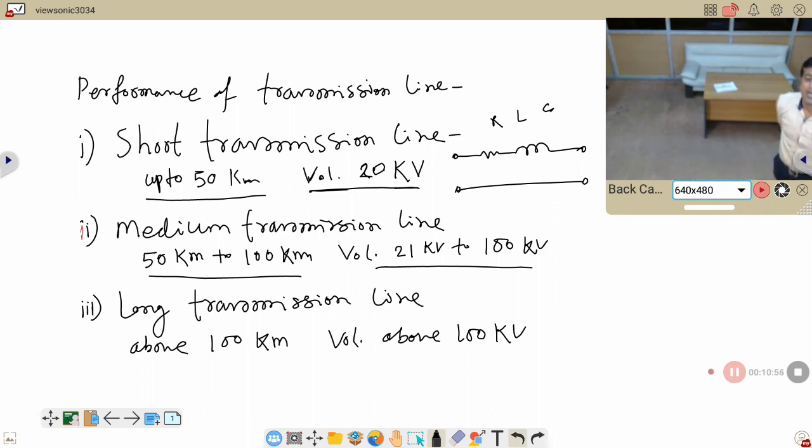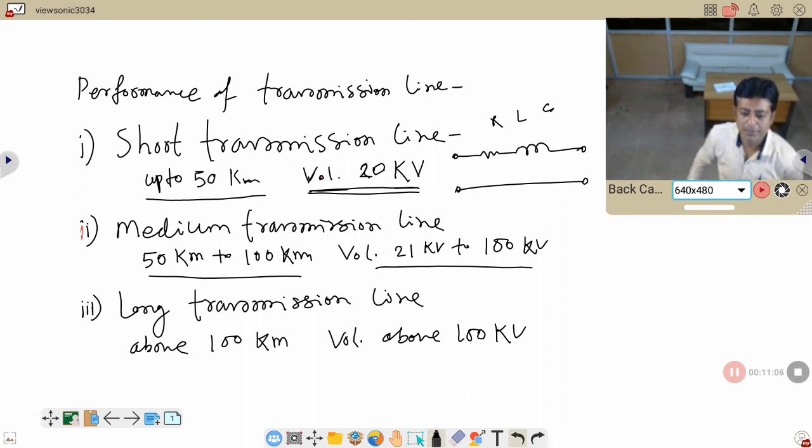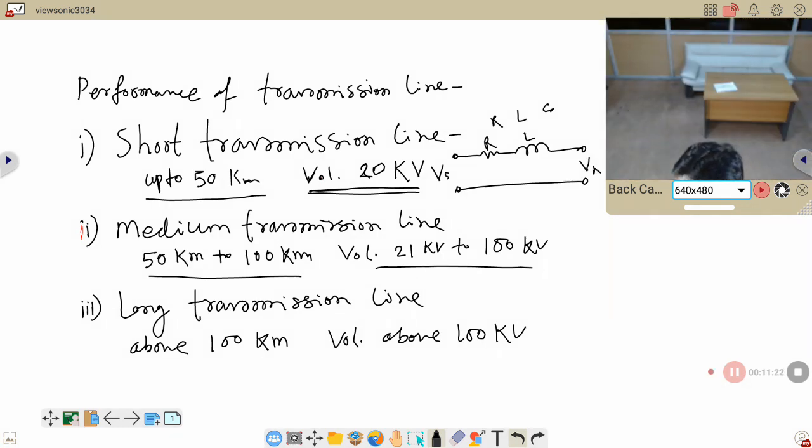Due to the low voltage, whatever capacitance is formed between the conductors is negligible and is considered a lumped parameter. Here this is your sending end voltage, this is your receiving end voltage.